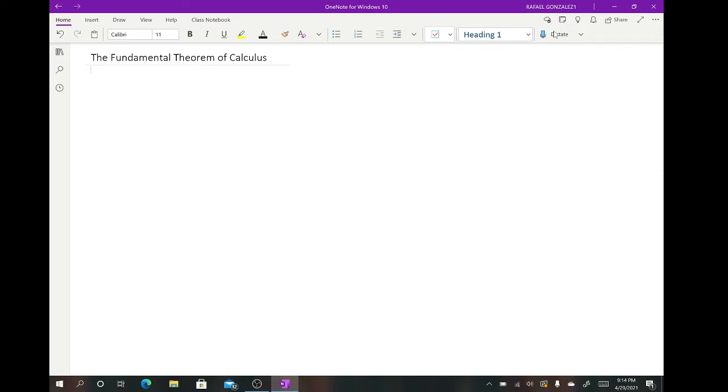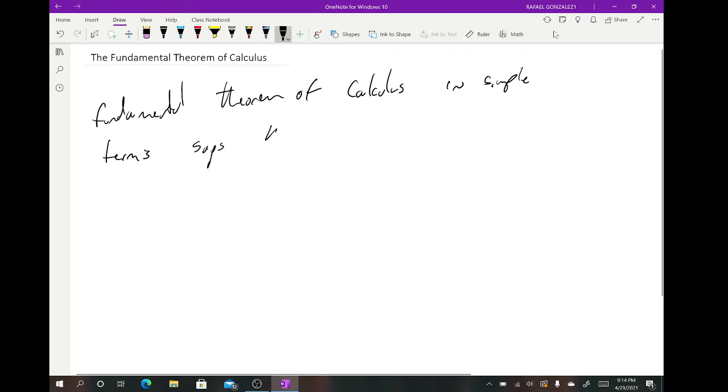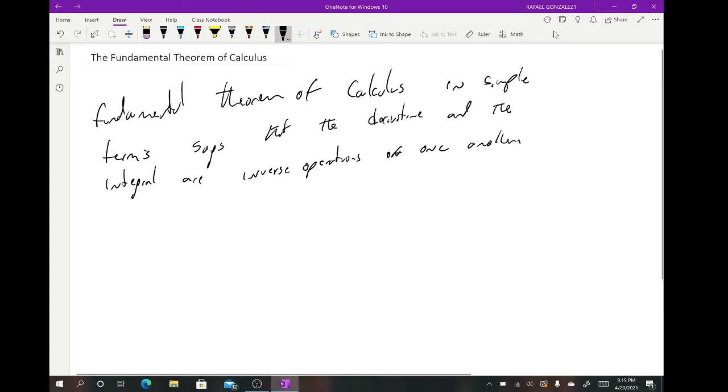The fundamental theorem of calculus, in simple terms, says that the derivative and the integral are inverse operations of one another.